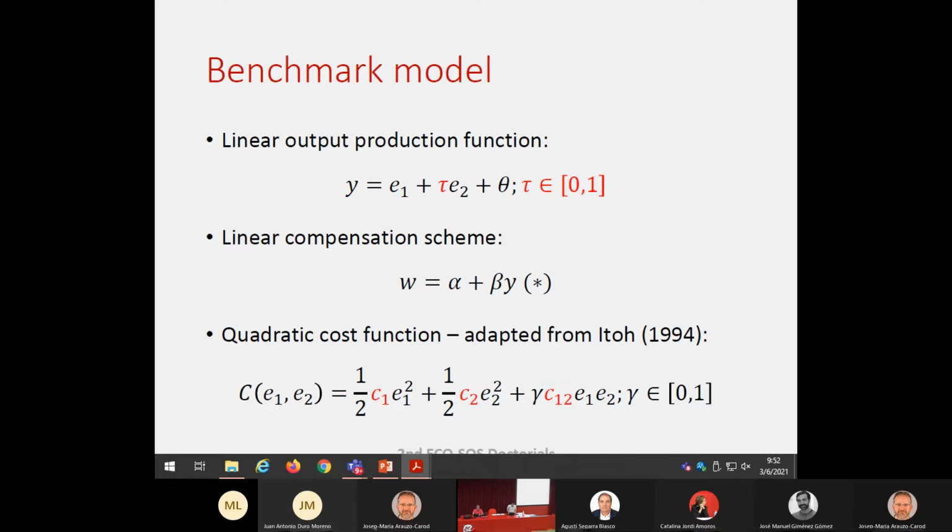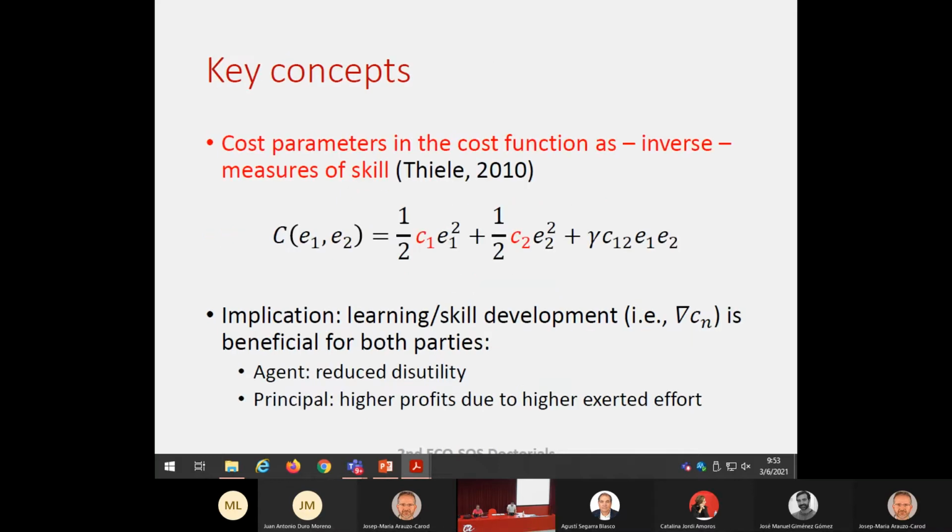That's why the asterisk. And then a quadratic cost function that is adapted from one of the first papers in this strand of models, with the only contribution that the cost parameter that affects the effort exerted in different tasks is different from task to task. And this is one of the main ideas why we are using this environment.